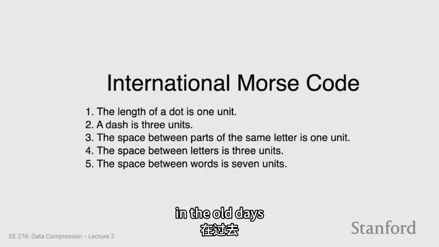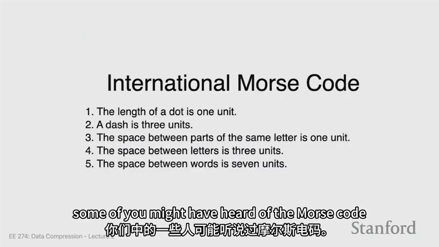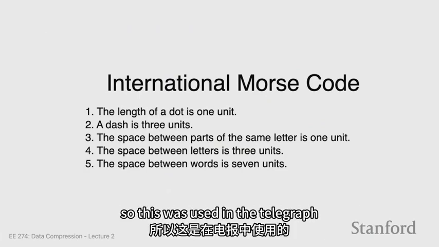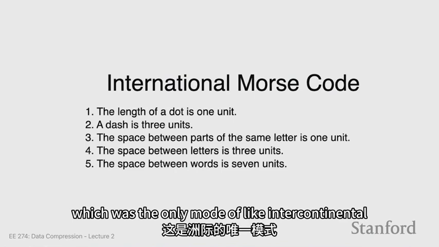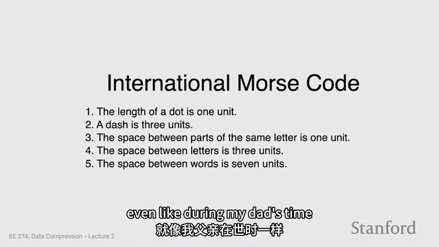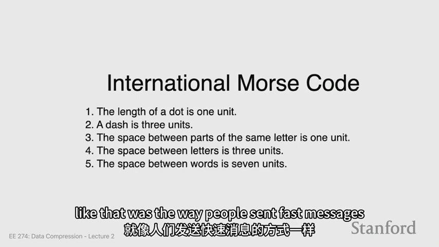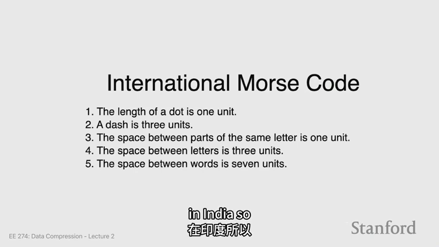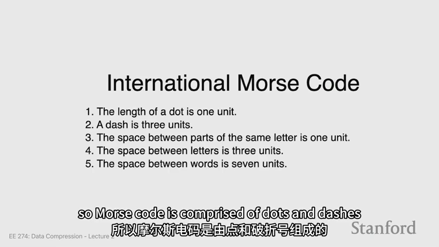Now we will pause for a sec. In the old days, some of you might have heard of the Morse code. This was used in the telegraph, which was the only mode of intercontinental communication for a long period. Even during my dad's time, that was the way people sent fast messages in India. So Morse code is comprised of dots and dashes.